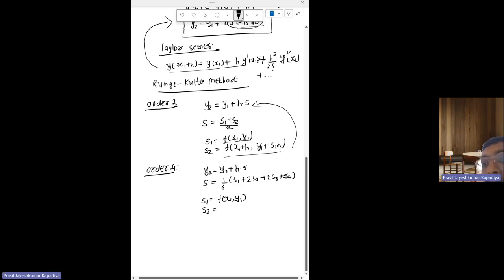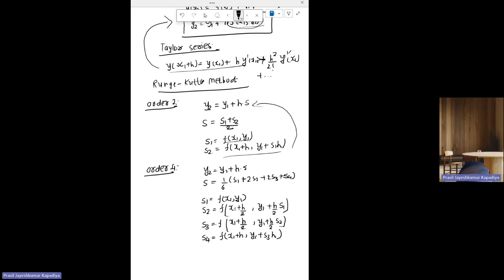My s2 is f of x1 plus h by 2, y1 plus h by 2 into s1. My s3 is equal to f of x1 plus h by 2, y1 plus h by 2 into s2, and my s4 is simply f of x1 plus h, y1 plus s3 into h. So this is how we can solve our ordinary differential equation numerically.